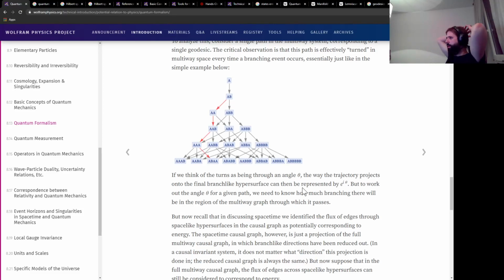Whoa. Okay, so this starts to get a bit messy, right? Because now there's some sort of geometrical mapping to these being a surface, and now we're talking about angles. The way the trajectory projects onto the final branch-like hypersurface.